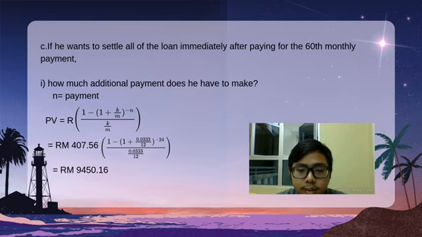K will remain the same, 0.0333, M is also the same, 12, while for the power positive N, it will be 4. Now we use our calculator again, and we will have 1,637 ringgit and 4 cents. That is all from me. Thank you.